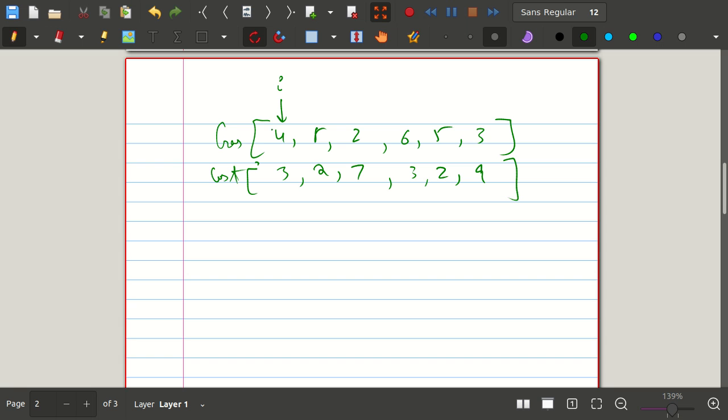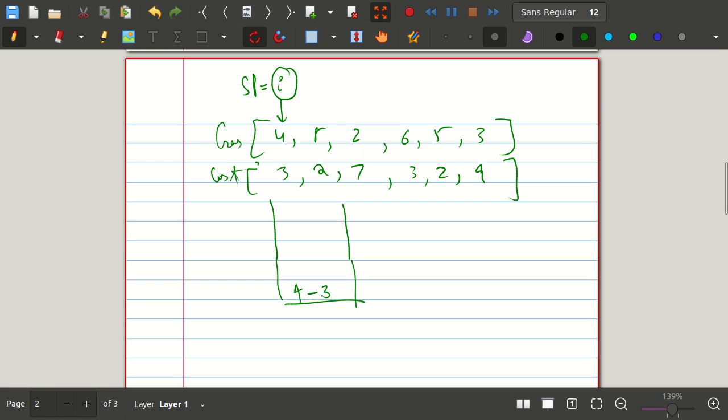Let's say we have started with index I and we have filled our tank. This is our tank, and this is our starting position. I am considering I as my starting position. So I can fill my tank with 4 amount of gas, and I can move to I plus 1 with 3 amount of gas.